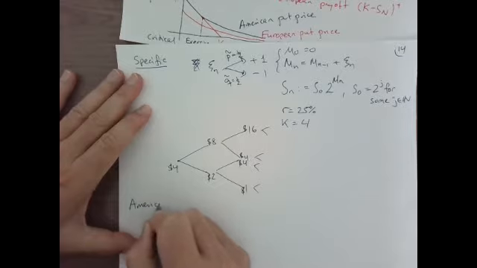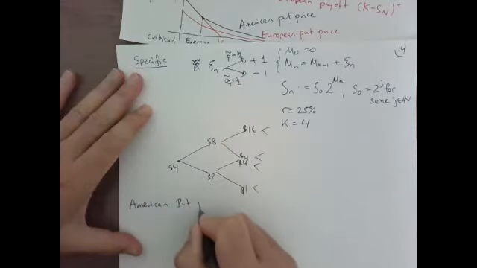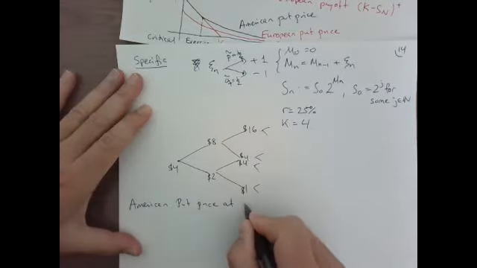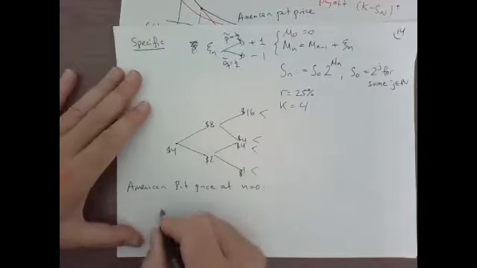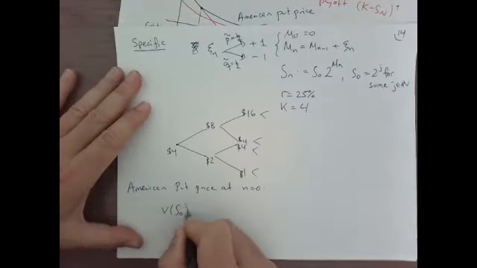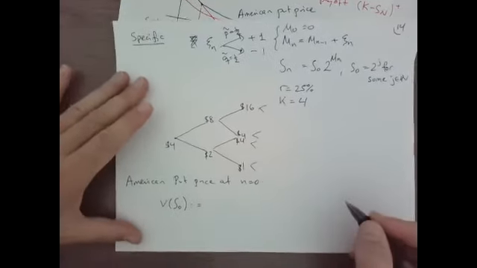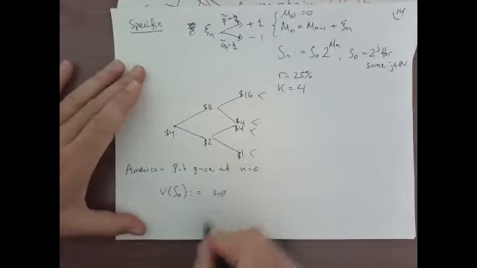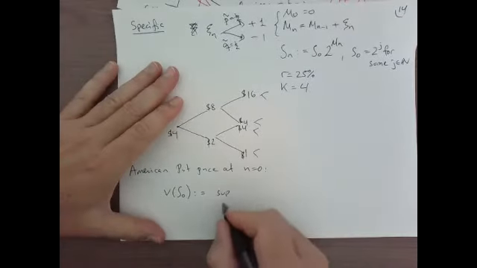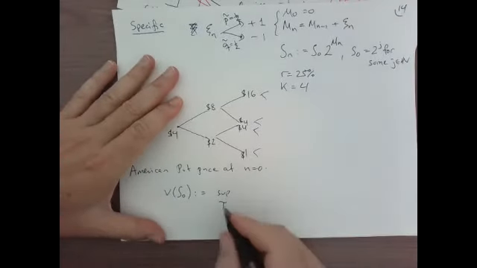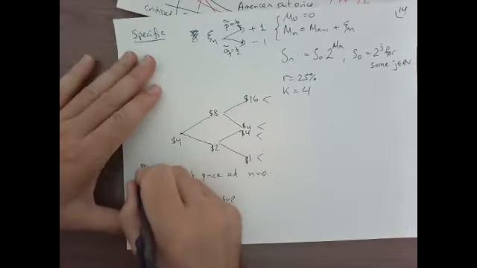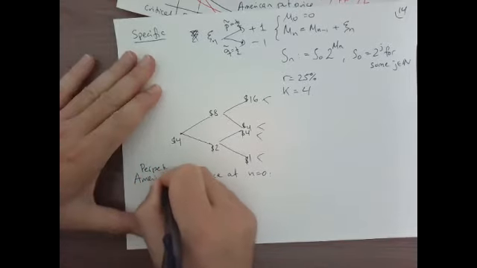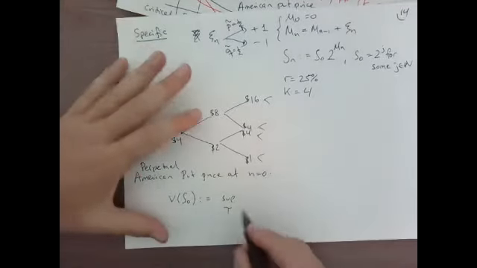And so what I'm interested in is the American put price at time 0. So I'm going to call this VS0. It's the maximum over stopping times. So now it's perpetual. Perpetual American put price.